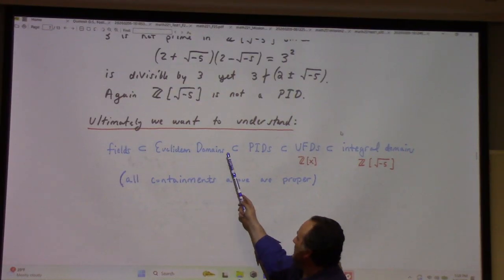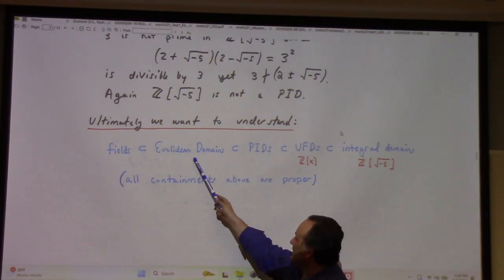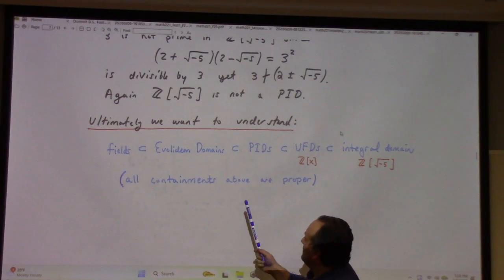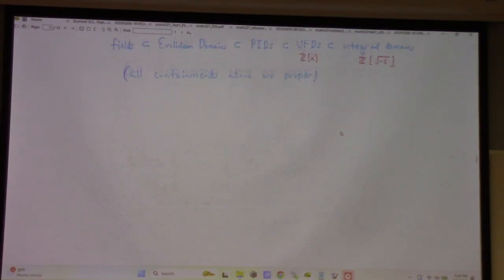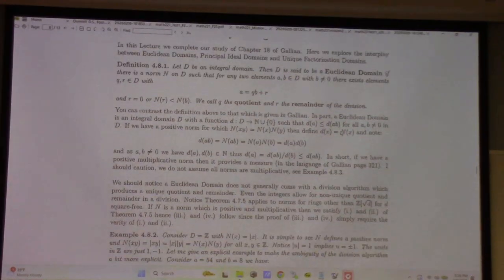What's a Euclidean domain that's not a PID? Oh no, every Euclidean domain is automatically a PID. Right. But yeah, I actually have an example of the Gaussian integers I wanted to show you guys.